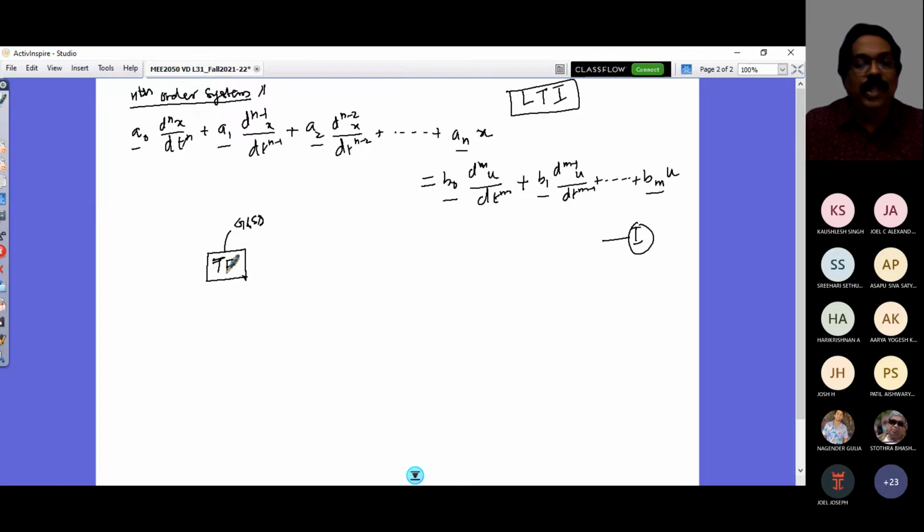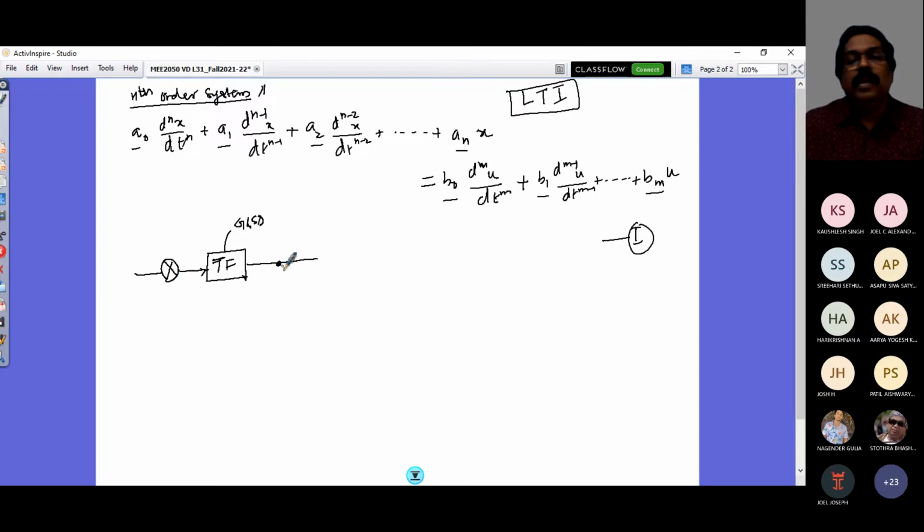So this transfer function is the block in my control design of my nth order system. I would have an input to the system, and that input would normally go through a point called a summing point, and then it will be given here, and then you will take the output. You will have some points in the control design called branching points.